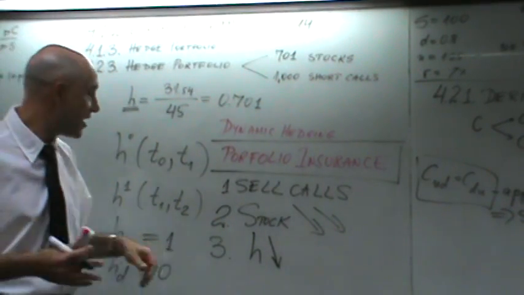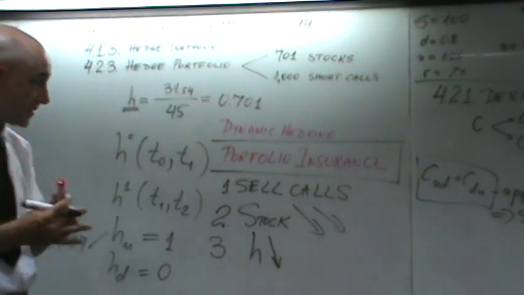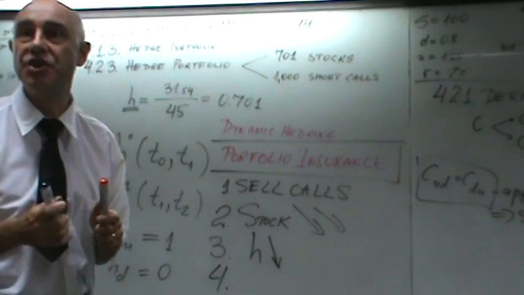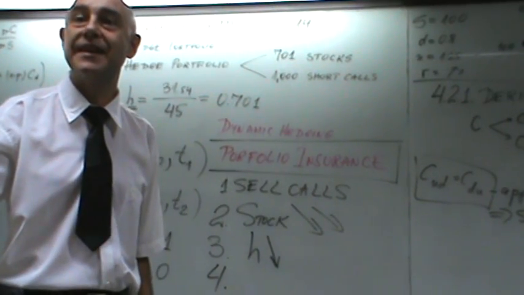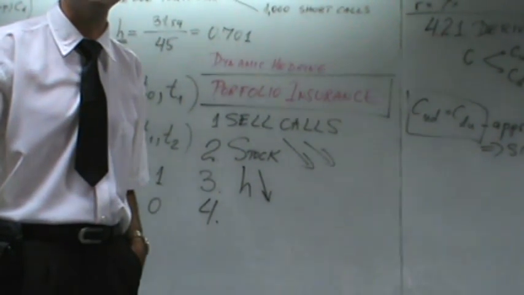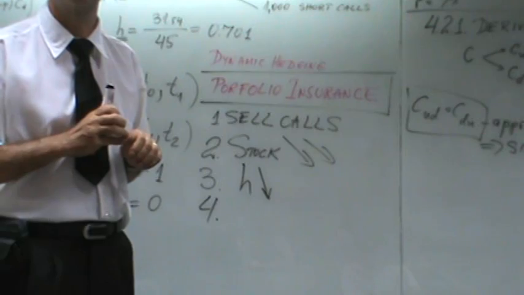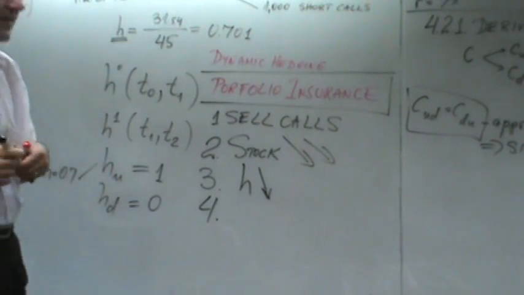And now here's the trick. How do you lower your hedge ratio? Well, one way is to sell stock.